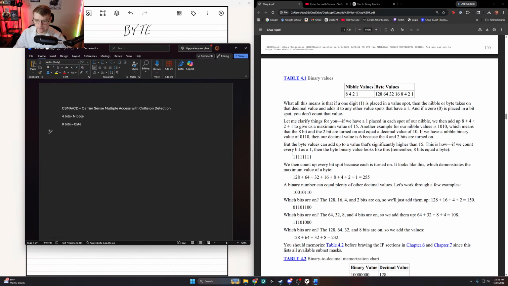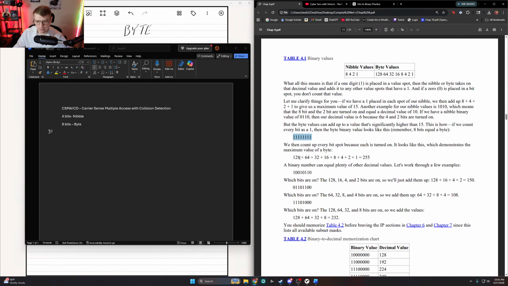Okay, but the byte values can add up to a value that's significantly higher than 15. If we count every bit as a 1, then the byte in binary looks like this. Remember, 8 bits equal a byte. So we have 11111111. And we're going to start to see a number that looks kind of familiar, like it should itch something in your brain.